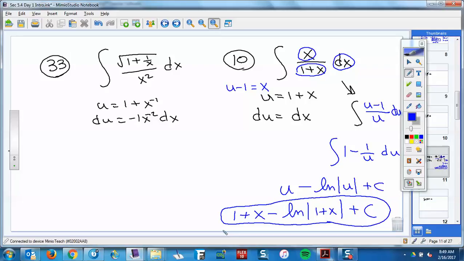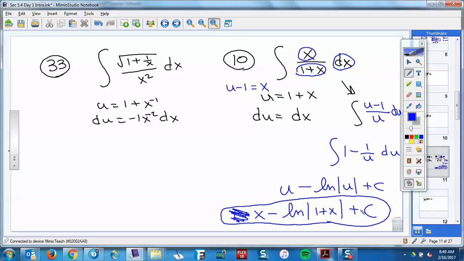So I wouldn't count it wrong if you had that 1 there. But whenever that happens to us and we sub back in and we just have some constant added to the c, let's just say that it gets absorbed into the c. That 1 plus that c is just c. And there you go. Okay?